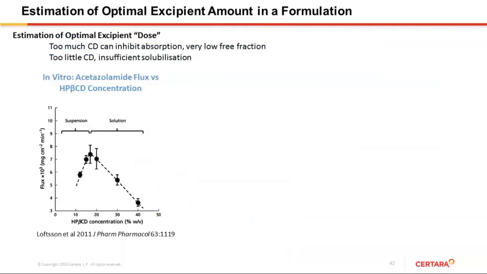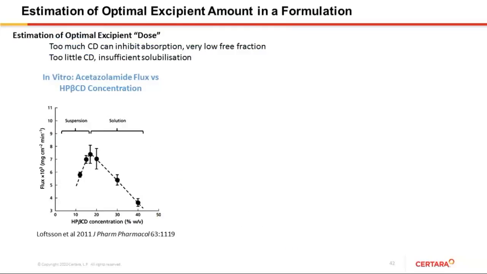But in principle, these tools can be used to estimate optimal excipient dose, where you're looking at the balance between increase in solubilization and reduction in permeability. There's one example on the left here from in vitro experiments, okay, in terms of flux.